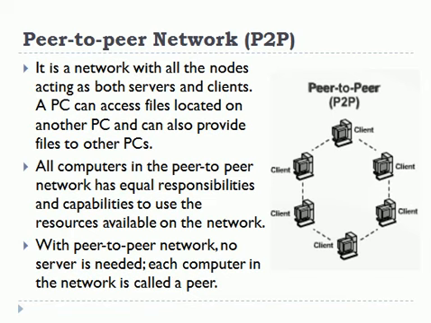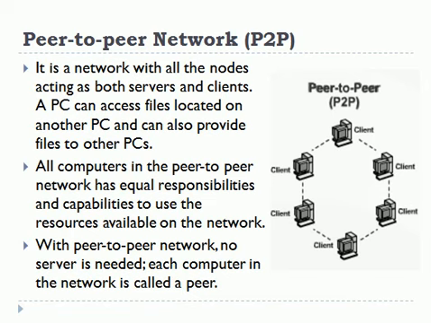So all the computers in the peer-to-peer network have equal responsibilities. There is nothing like a boss, like the server and client methods, and they have the capability to use the resources available on the network. All are treated equally.